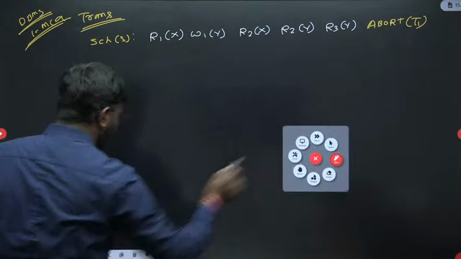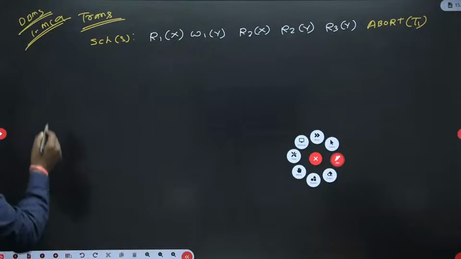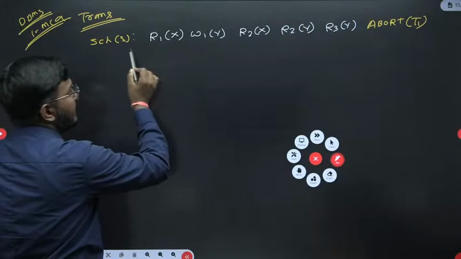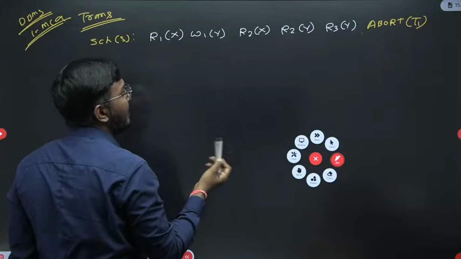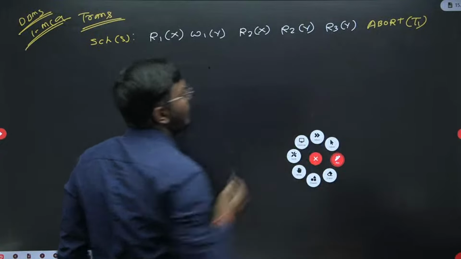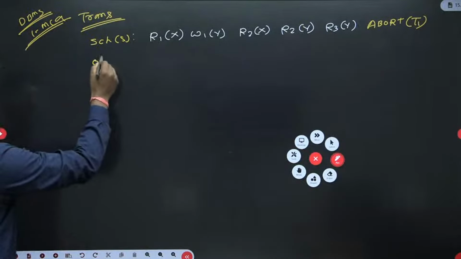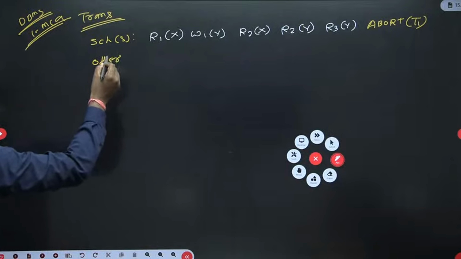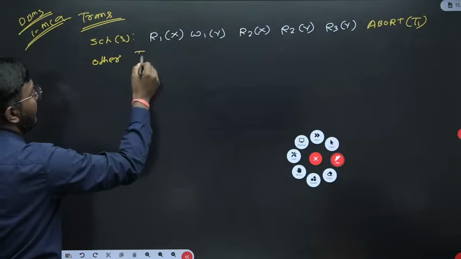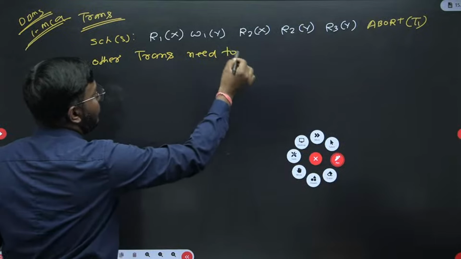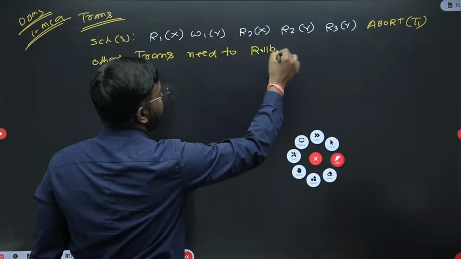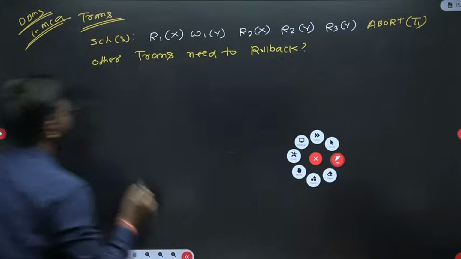Understood? Now the question was: if in the schedule we have this abort of T1, then how many other transactions need to roll back because of this abort of T1? This was the question, and the options were given.